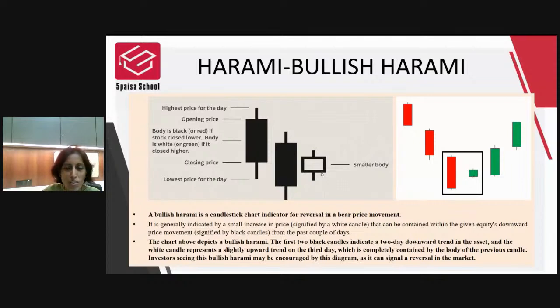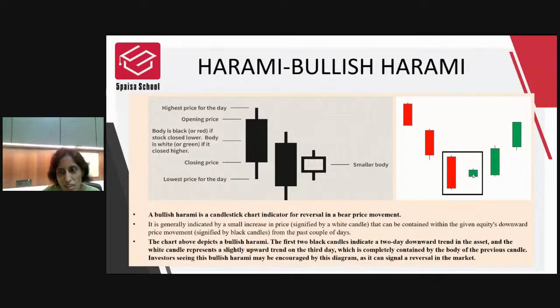Though the real body size is small, which means there is a very small variation between the closing price and the opening price, still it gives that kind of silver lining that from here on the market is going to go up.